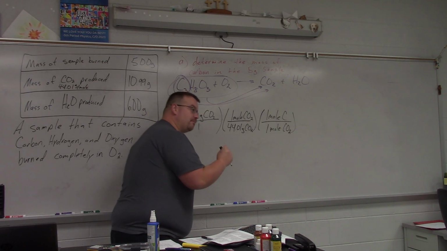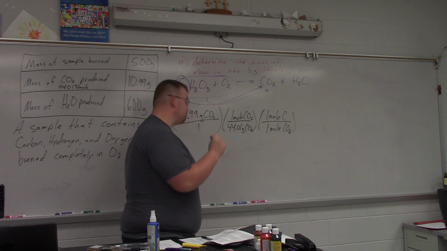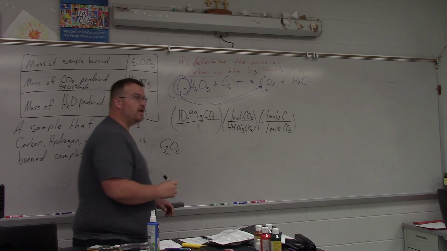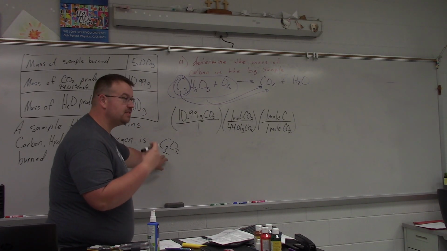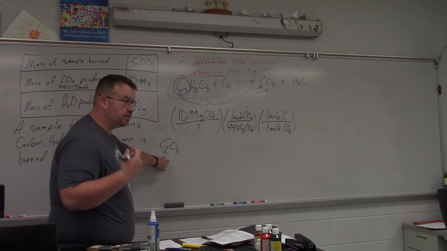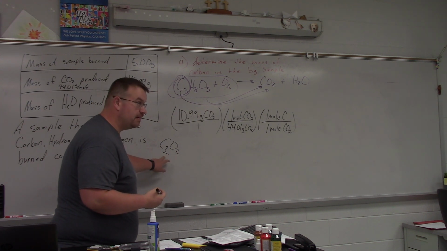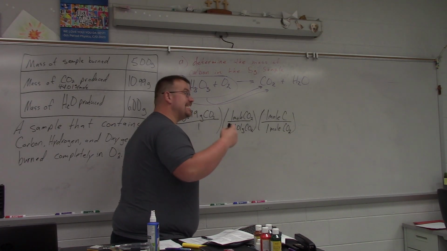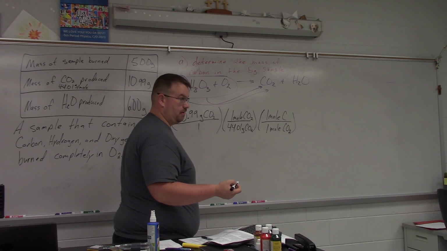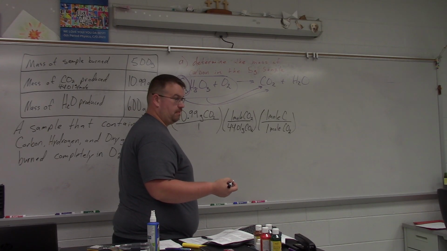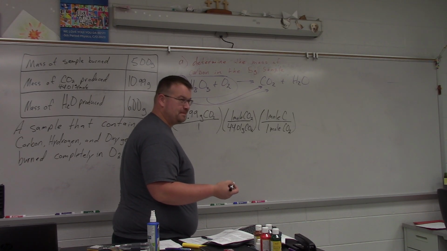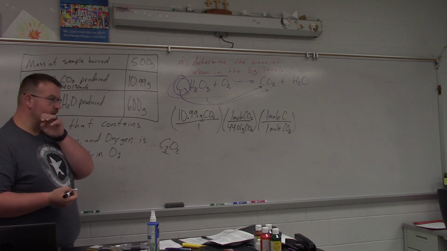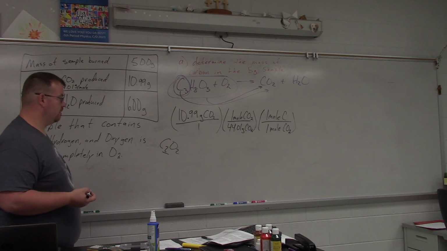How many atoms of carbon are in each molecule of C2O2? 2. So in this case, I don't have 6.022 times 10 to the 23rd atoms of carbon. I have 6.022 times 10 to the 23rd times 2. So instead you would write 2 mole carbon right there.